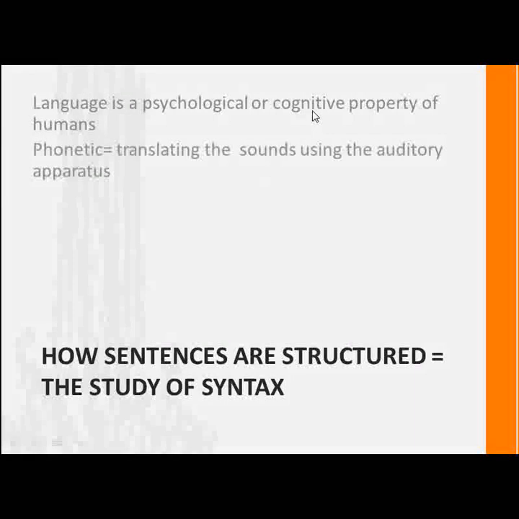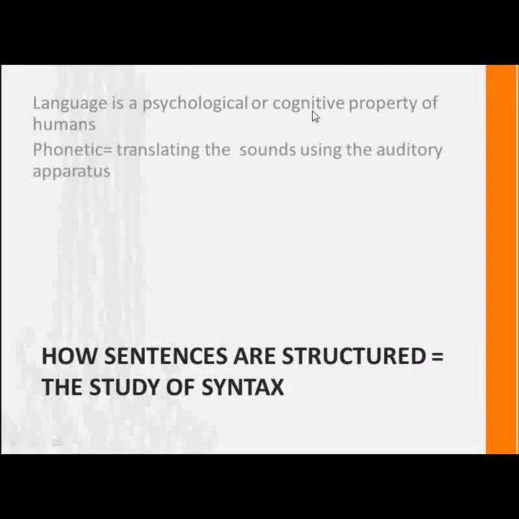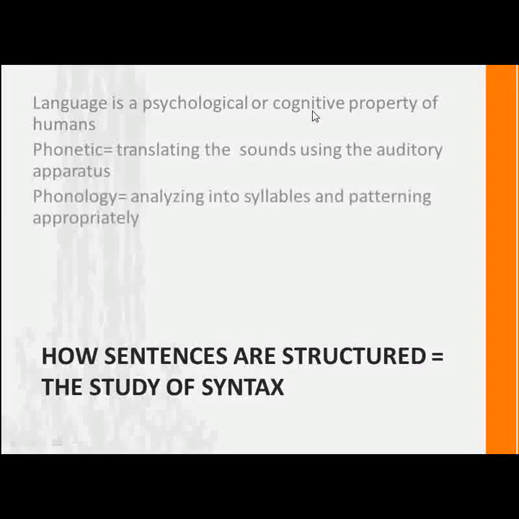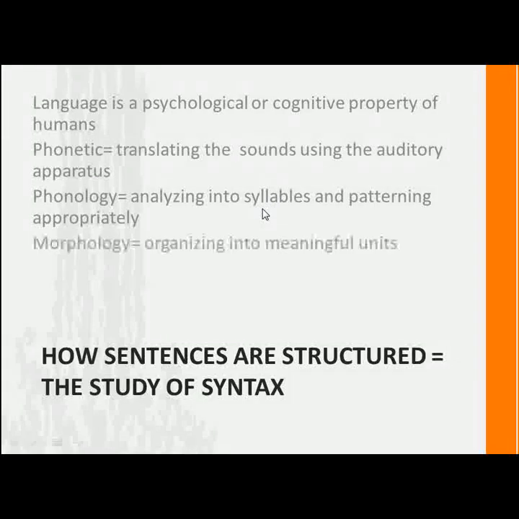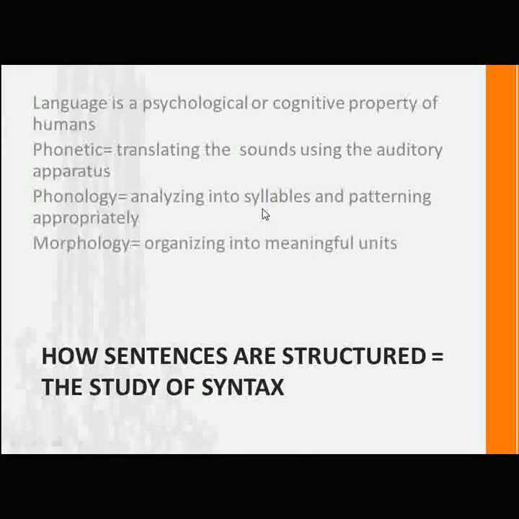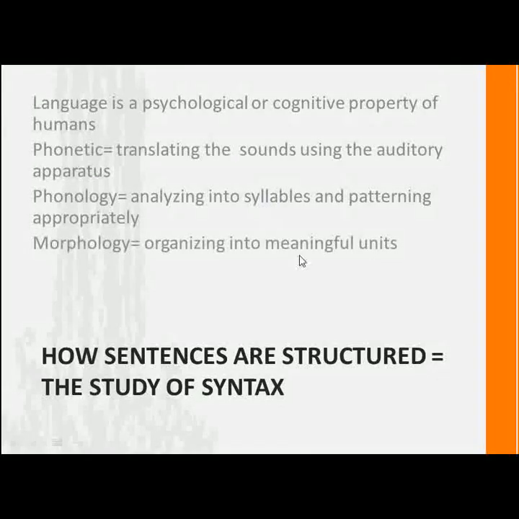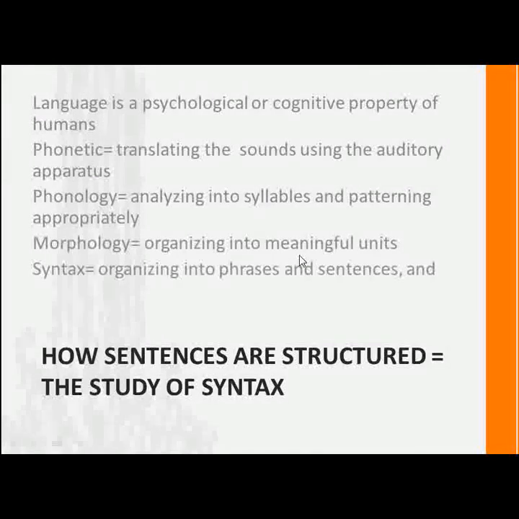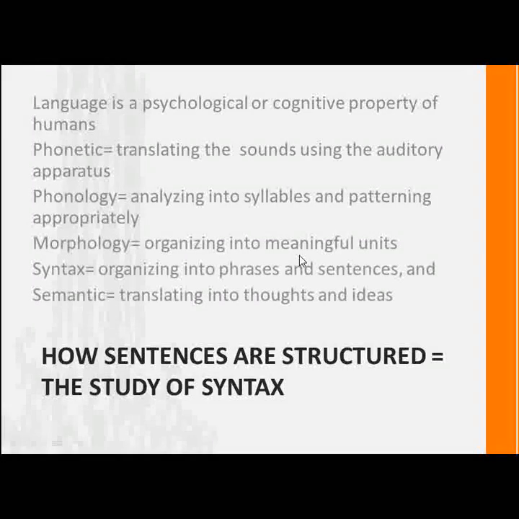So first, phonetics is about sounds, phonology, sounds and analysis to syllables, and morphology is meaningful units or the study of words, the shape of words, and syntax is organizing the words into phrases and sentences, and semantics is the meaning.